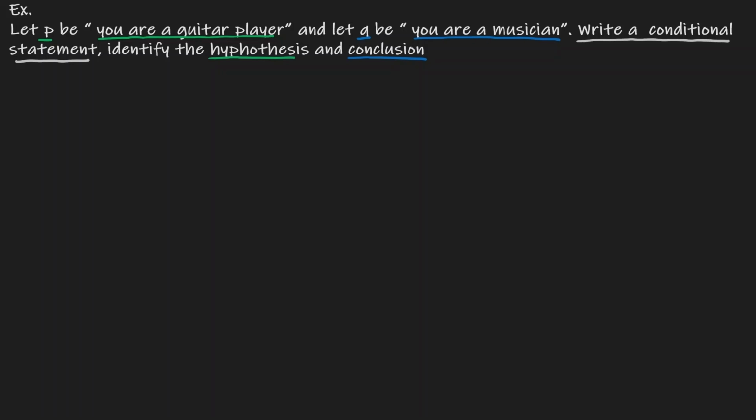So we can assume that the statement, you are a guitar player, is our hypothesis, and the statement, you are a musician, is our conclusion. But remember the way that we structure conditional statements.